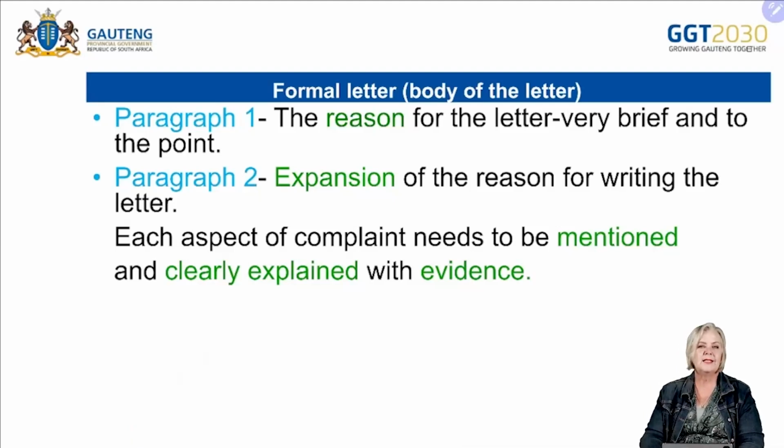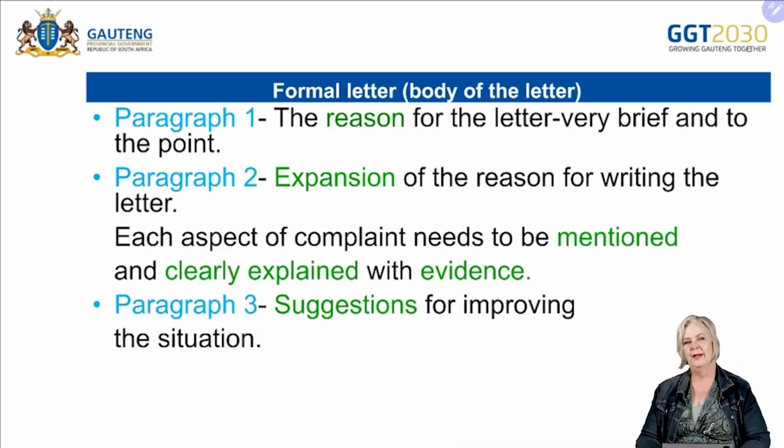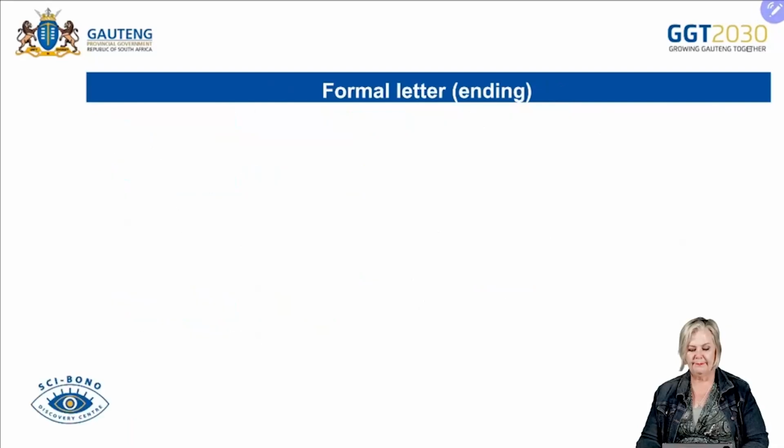Then you would expand on that and say that you visited the park recently and that you came across a lot of paper and bottles and things, and there were children around playing, and that could be a danger. And then in paragraph 3, you make suggestions for improving the situation. Very short, very to the point.